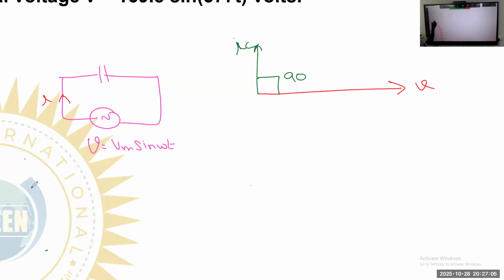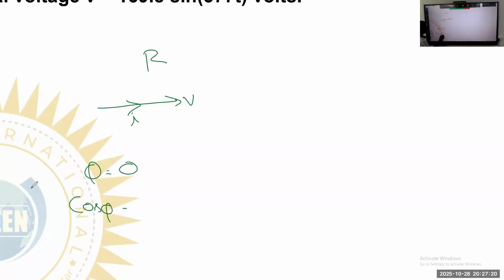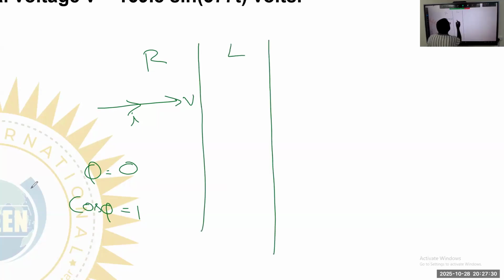So coming to the point: resistance, phi is equal to 0; voltage and current, phase angle 0, power factor 1. Inductance: voltage, we have the current, phi is equal to 90 degrees lag.